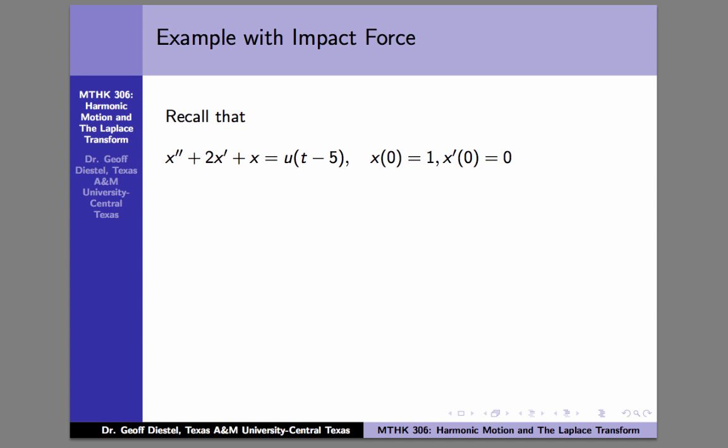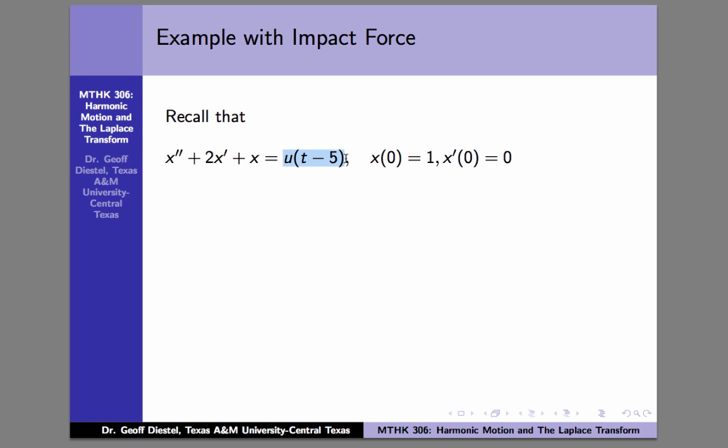So recall in the last video we were talking about a force where the force turned on at some time and then stayed on. We used the function u, where u of t minus 5 is going to be 0 for t less than 5, and it's going to be 1 for t bigger than 5.